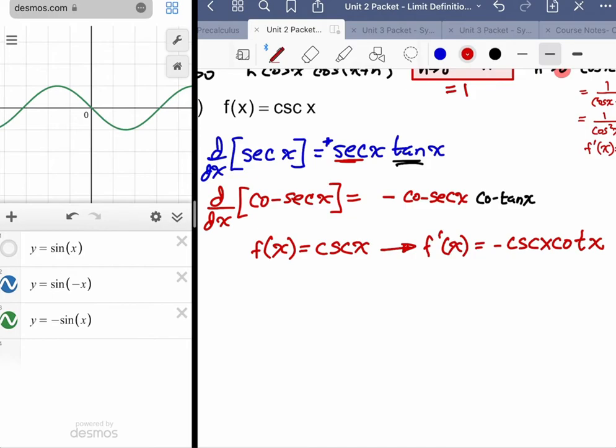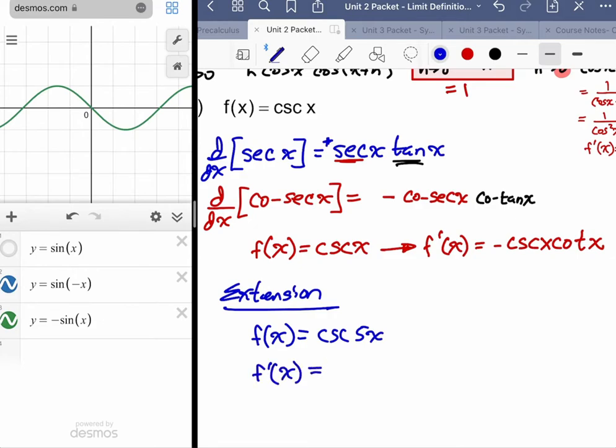All right? And so the extension on this would be if I had something like f of x is equal to, let's say, cosecant 5x, then its derivative would be negative cosecant 5x cotangent 5x, and then we would just take the derivative of whatever the argument is and make that the coefficient.